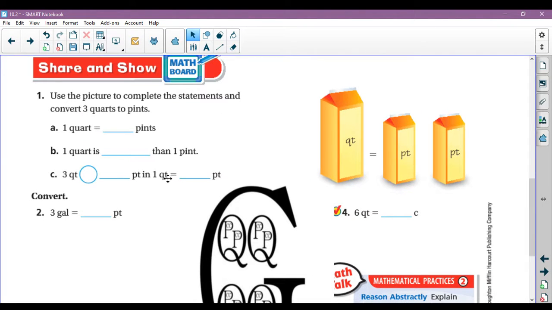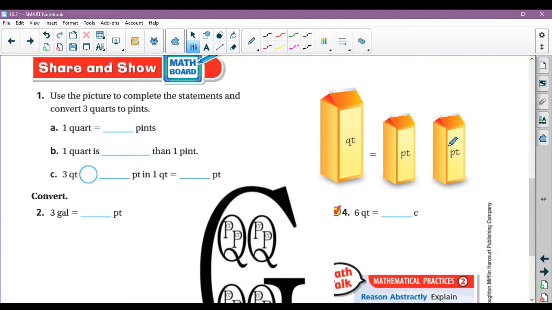Now, so here they want us to use the picture. So they have this picture here, and you can use the big G again too. Use the picture to complete the statements and convert 3 quarts to pints. Okay, so what they're saying is how many pints are in 1 quart.